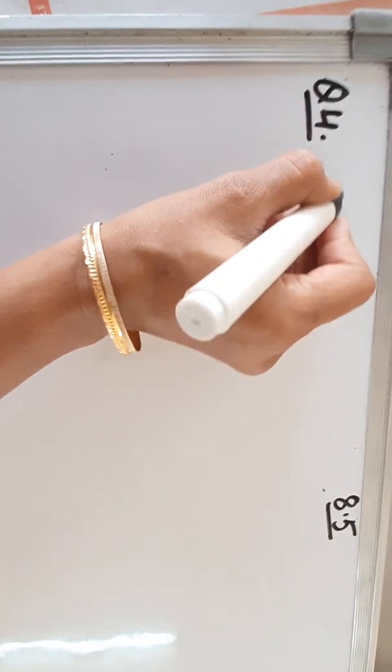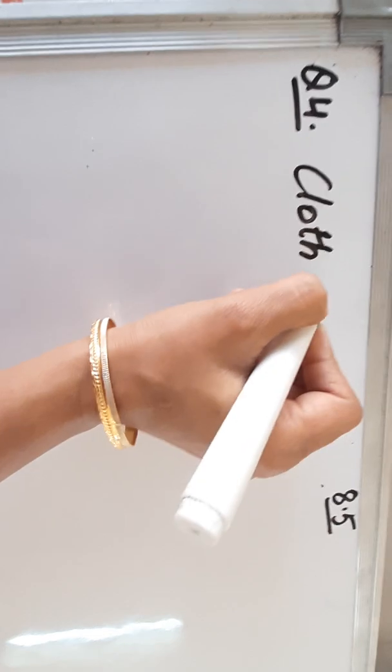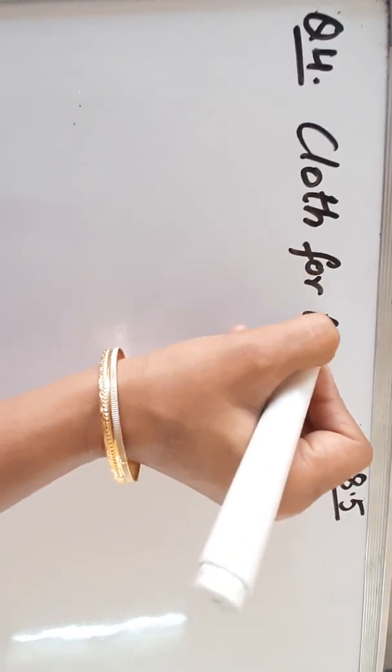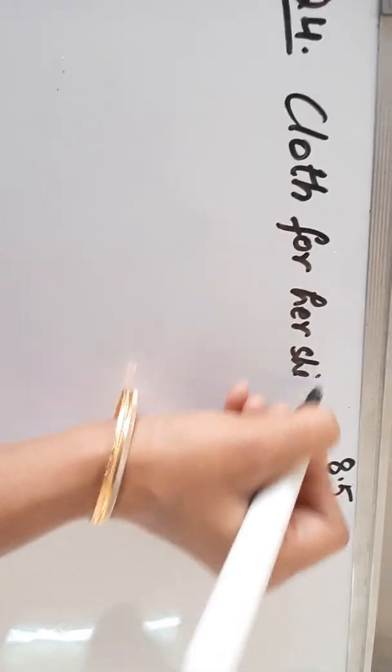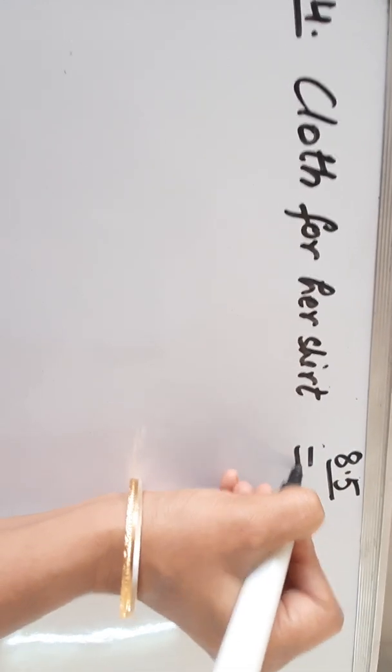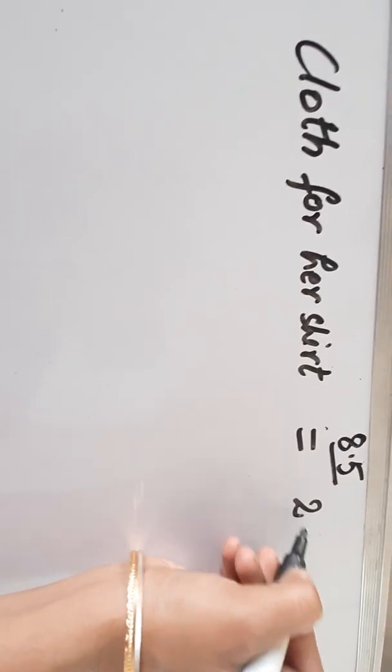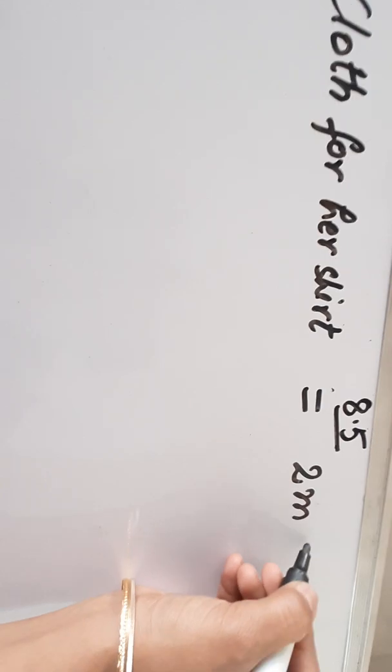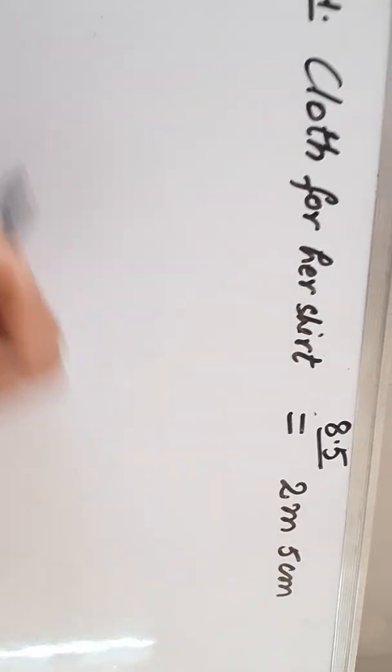So we will write cloth for her trouser is equal to 2 meter and 5 centimeter, right?